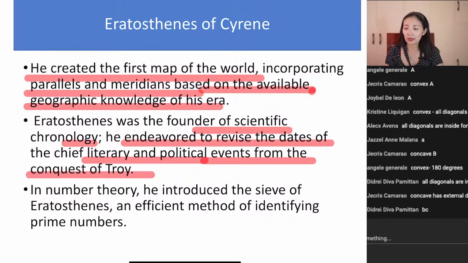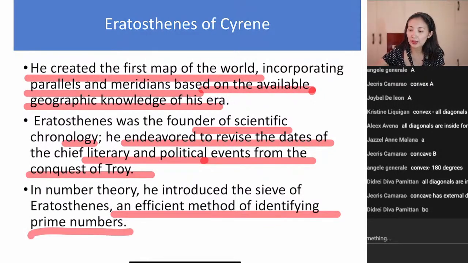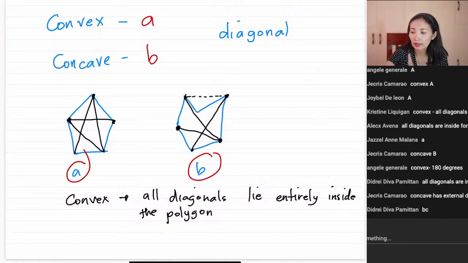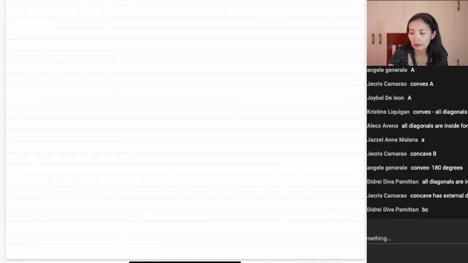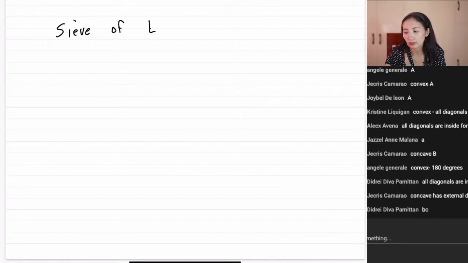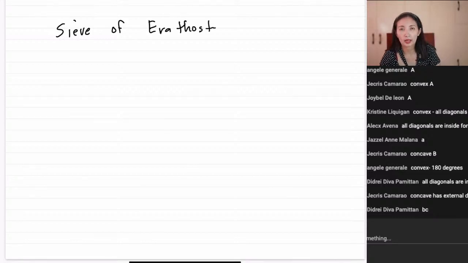Now, in number theory, he introduced the sieve of Eratosthenes, an efficient method of identifying prime numbers. Are you familiar with the sift?